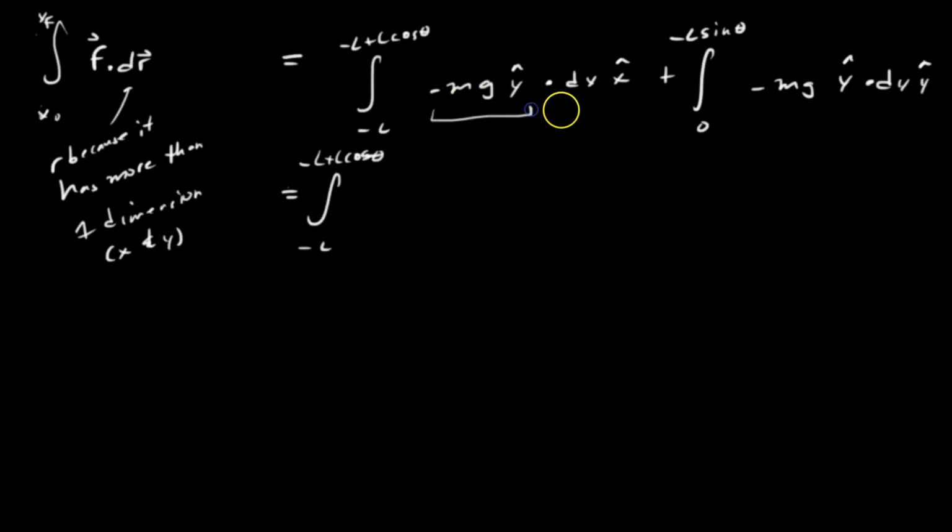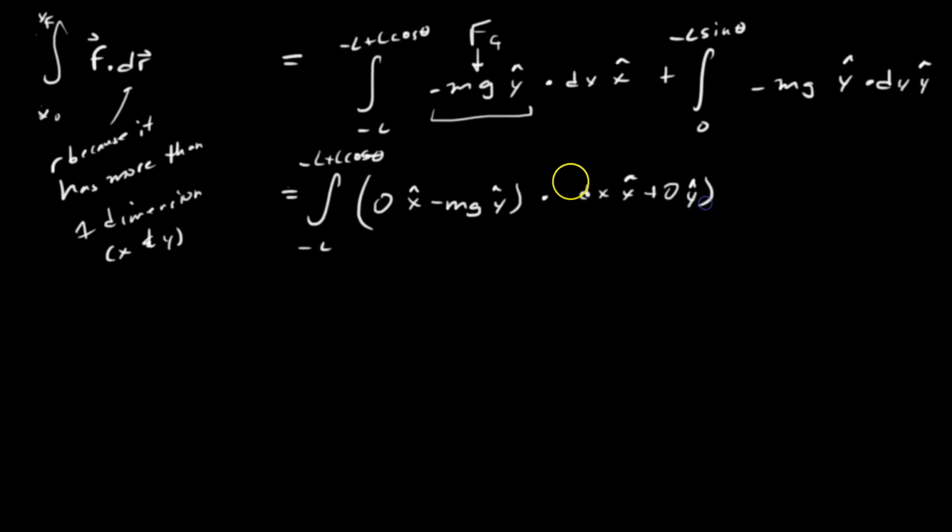So for this function, what is the x component? Since I did not write any x component, that means it has no x component. And if you remember, this is the force of gravity representation, and the force of gravity has no x component. So its x component is 0 in the x direction, minus mg in the y direction dot dx in the x direction, as it's dx, so it has no y direction, so plus 0 in the y direction.